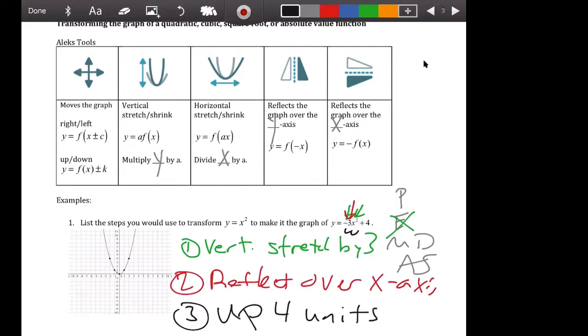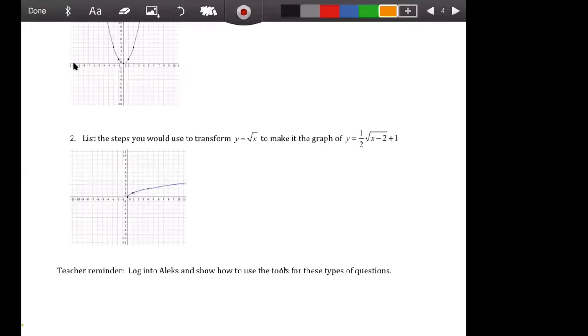Okay, let's scoot down and do the next question. We're down here to question 2. What was not in the parent that is now in your graph that you're going to have to create? Remember, we go with P, there is no E, then we'll go MD, then AS.